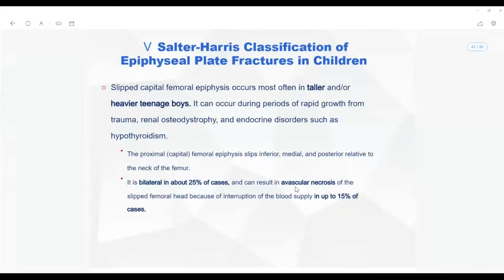In the same way, the femoral head is present in the proximal end, so the nutrient artery that is present distally will be supplying the blood.